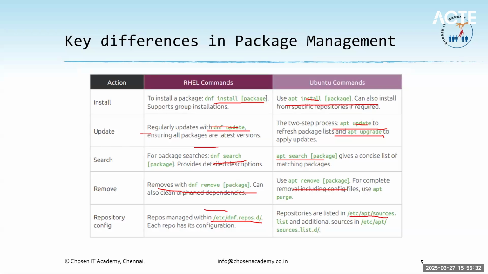Whereas apt stores its repository file under /etc/apt/sources.list, and for additional sources, we can refer to the sources.list.d directory.